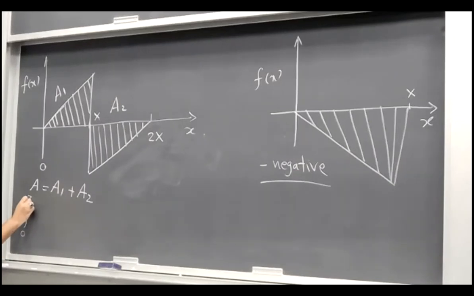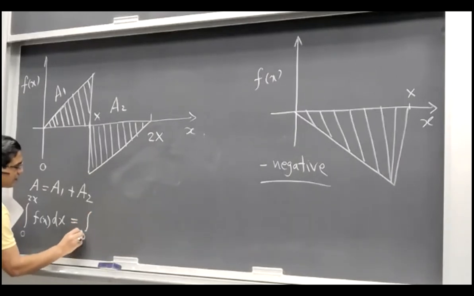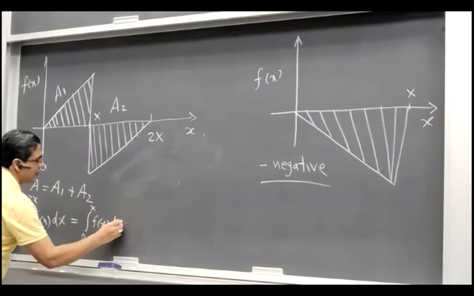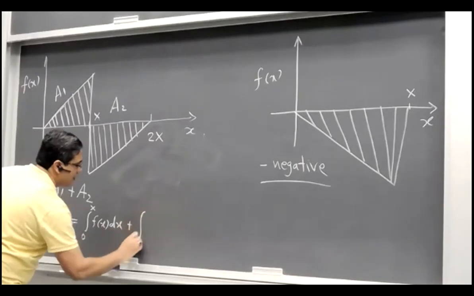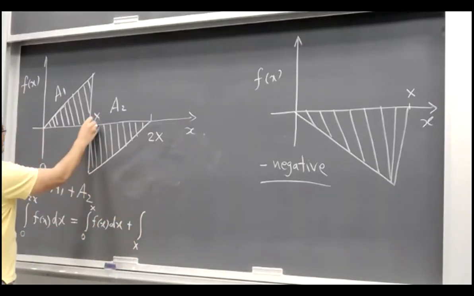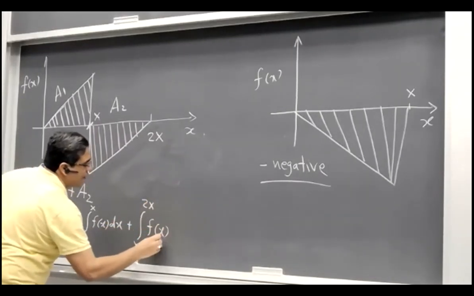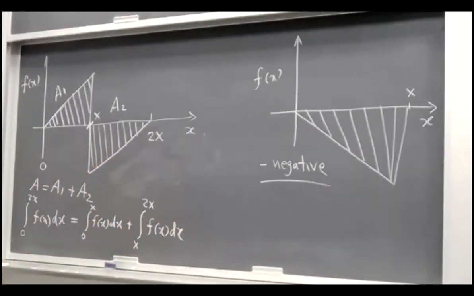From 0 to 2x, f of x dx. And you can also write it as two separate integrals, 0 to x, f of x dx, plus from x here to 2x, f of x dx. All right.